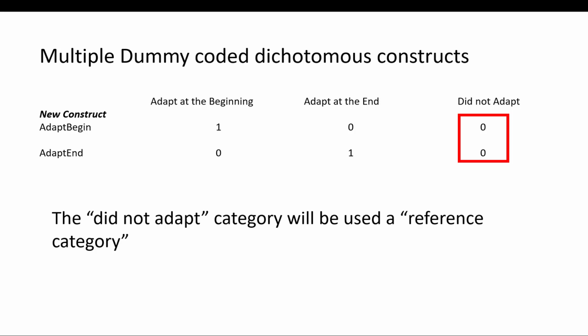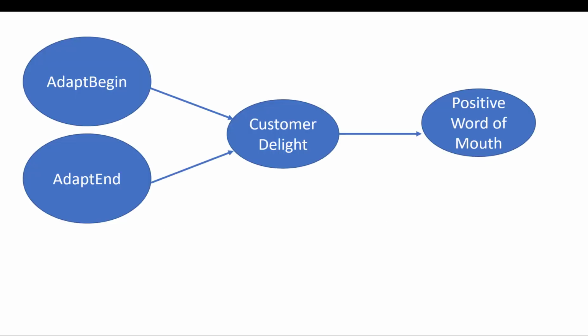Typically what happens is if you have a control, or if you're manipulating something and you have a control variable, the control variable is typically considered the reference. And so with our three categories, instead of having just a single independent construct called adaptive behavior going to customer delight, now we have two new constructs on the front end.